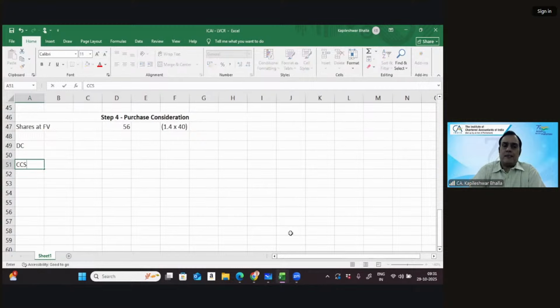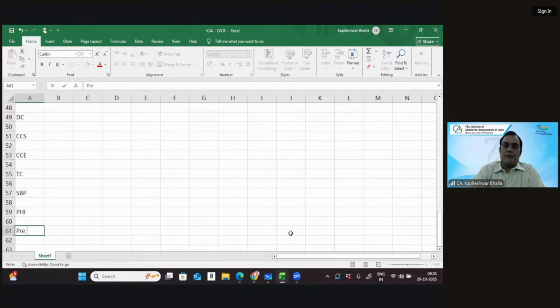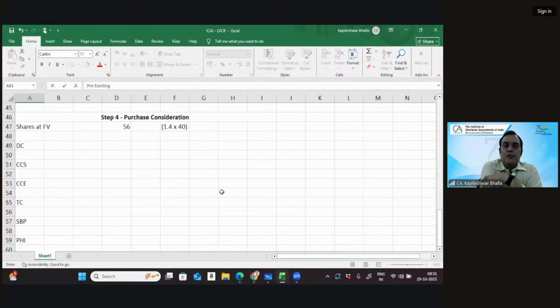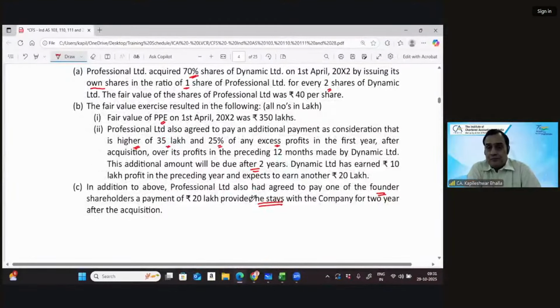Then there is CCS, then CCE, then TC, then SBP, then PHI, and then the pre-existing relationship. So we can just take the inputs from here. Let's first start with the DC calculations given in point number B2.